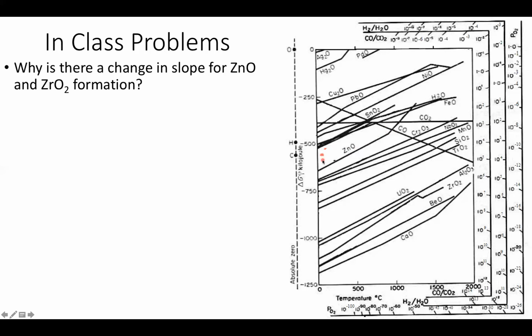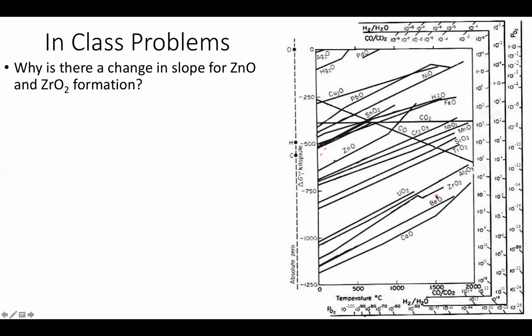I go from liquid zinc plus gaseous oxygen forming zinc oxide. And this makes the reaction much more disfavored than for solid zinc. So it turns out just by using the Ellingham diagram, I can determine the melting point of zinc, which again is fairly useful.